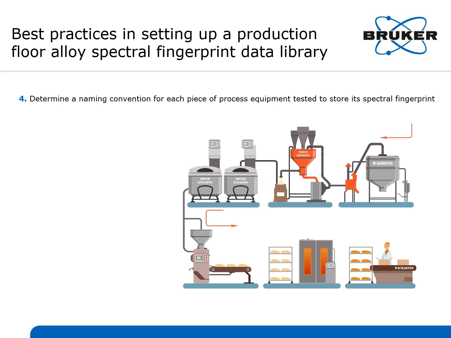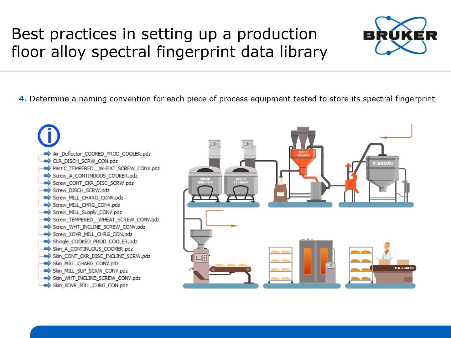Now you need to determine a naming convention for each piece of process equipment you will test to store its spectral fingerprint in the library. For instance, you could use names like air deflector cooked production cooler, Part C tempered wheat screw conveyor, shingle cooked production cooler, or skin A continuous cooker. The naming convention needs to make sense to your particular production line.